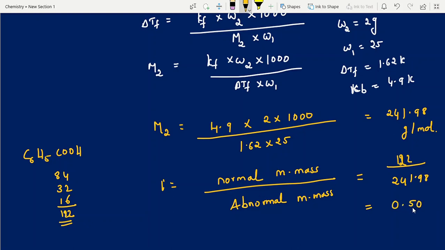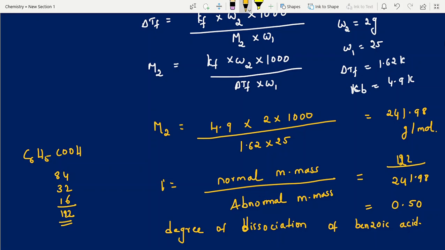This is i, the degree of dissociation of benzoic acid. How to calculate the degree of dissociation of benzoic acid? Alpha value, no?